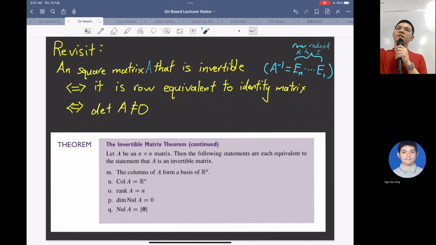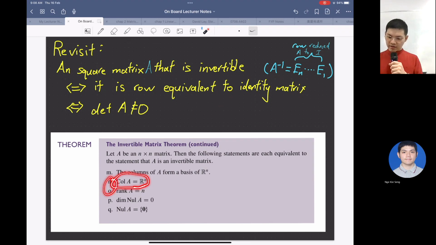So after reduce, every column is a pivot column. So if it's a pivot column, then they are linearly independent and span. So the columns from the original matrix form a basis because they are linearly independent and span. Okay. If it is span, so Col A equals Rn because you have n columns, because it is an n by n matrix. After you row reduce, you have n columns.